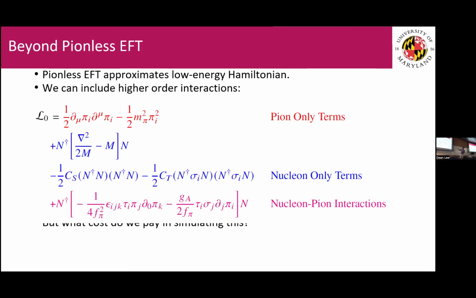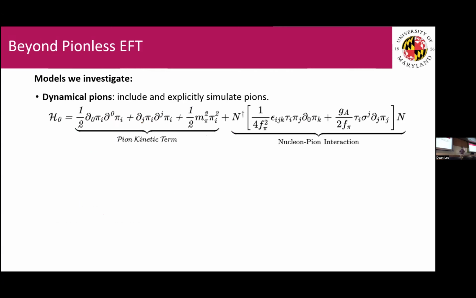And actually, when you look at this Lagrangian, it wasn't totally obvious to me, but it turns out there are multiple different ways of simulating this on a lattice. There's the obvious thing where you latticize everything: you latticize your fermions, your pion field, and then you just replicate everything as it appears.